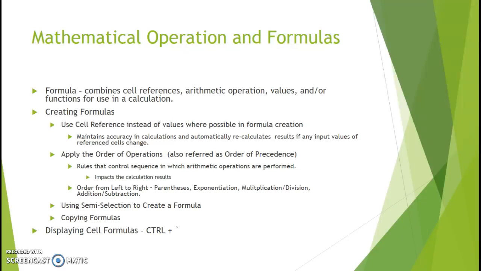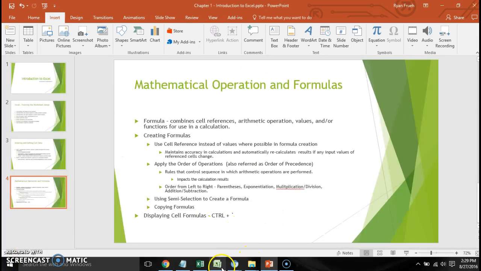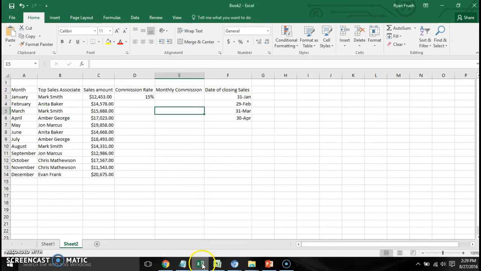And then we'll show how you can display your cell formulas using the Control and tilde keys to give you visibility of your formulas as they are presented in the worksheet. So we'll go ahead and move over to our spreadsheet that we created.